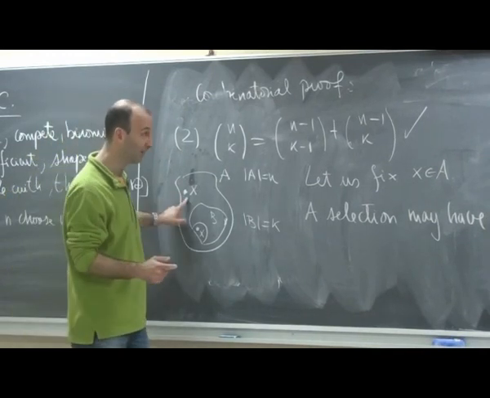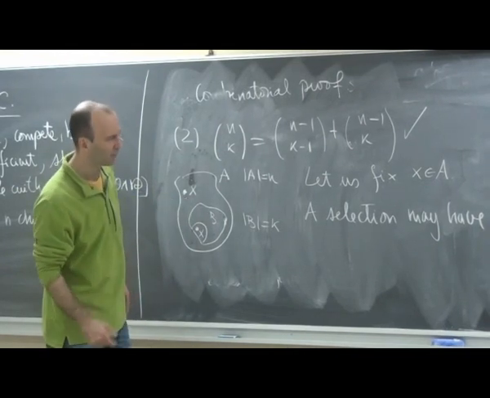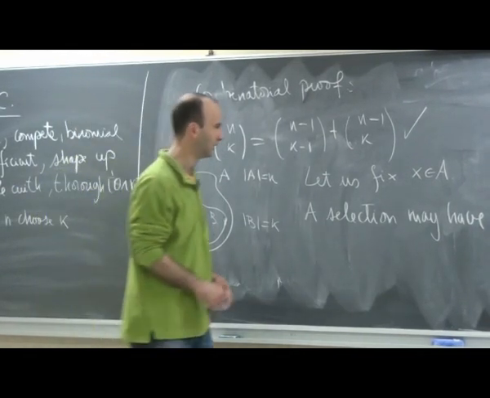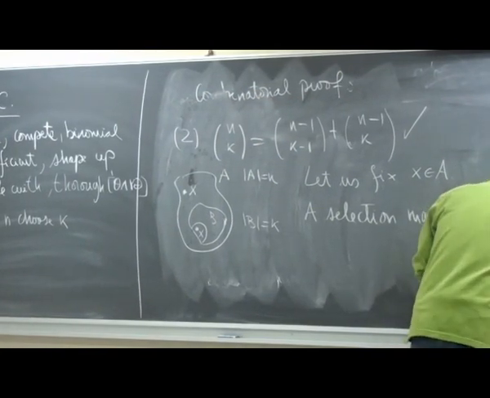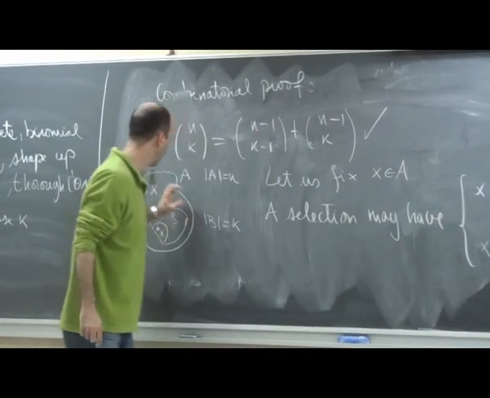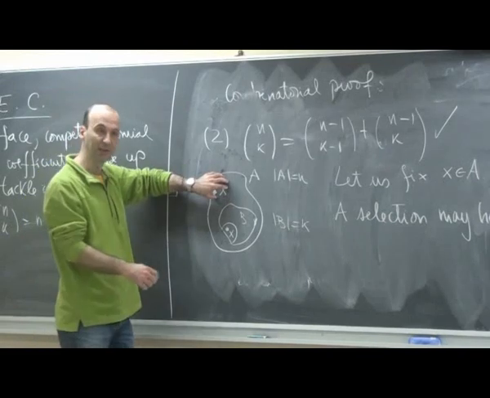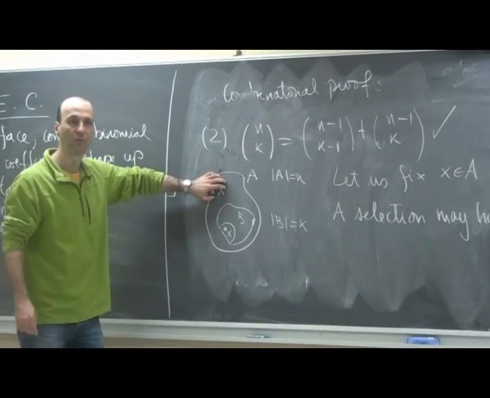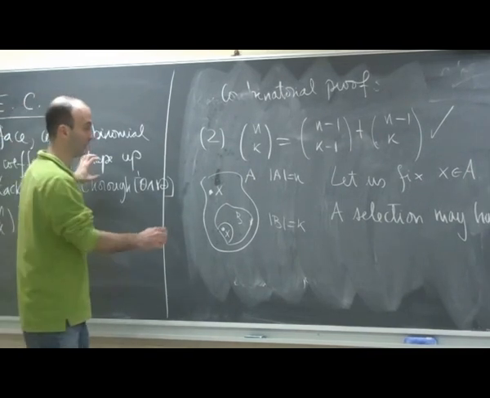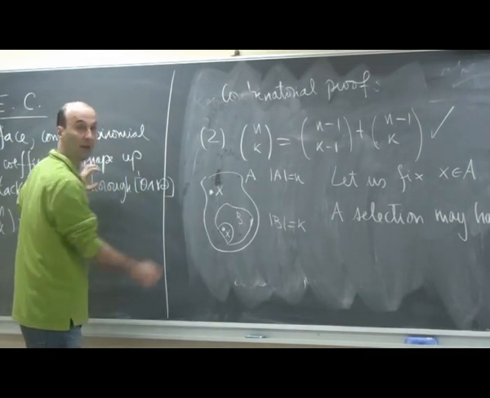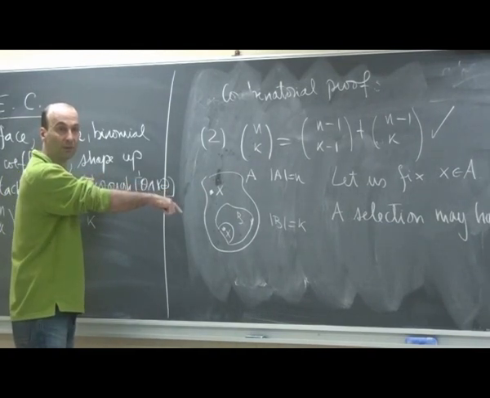So when it is not in my selection, what I do is remove it. I just put it apart. And I say, okay, now I'm going to select from here. Since it is removed, I'm sure it's not going to be selected.